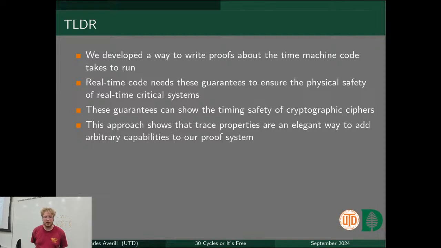And another thing that I haven't actually touched on: the trace properties that we've been writing, the cycle counter trace, that's a trace property. That pattern is a really elegant way to add arbitrary capabilities to this proof system, because our proof system right now has this trusted base of CPU semantics in it.